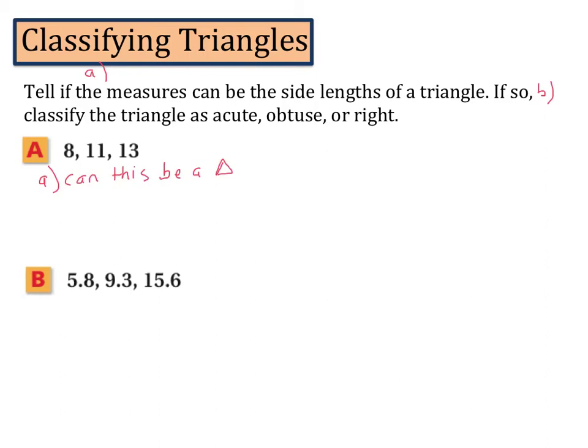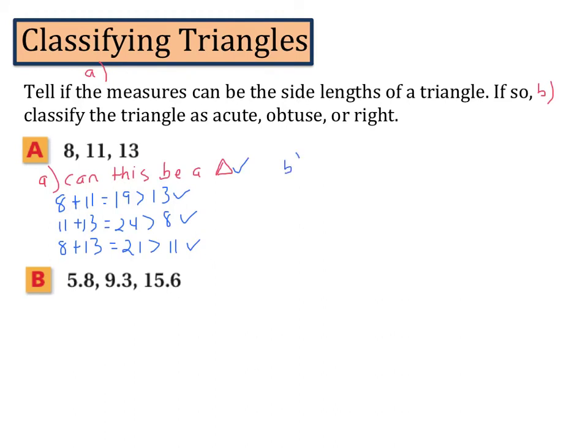Well, we have to use the triangle inequality theorem. So we add up two sides and see if they're bigger than the other one. So 8 plus 11 equals 19, which is greater than 13, so that's good. 11 plus 13 equals 24, which is greater than 8. And 8 plus 13 equals 21, which is greater than 11. So we're good. This can be a triangle.